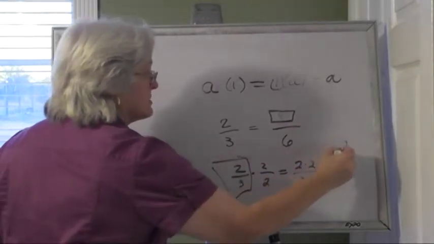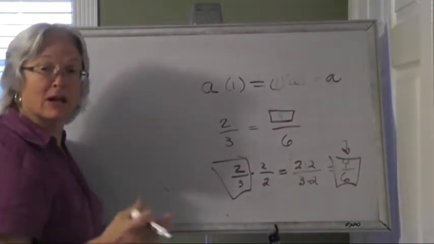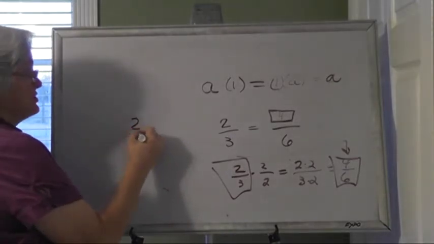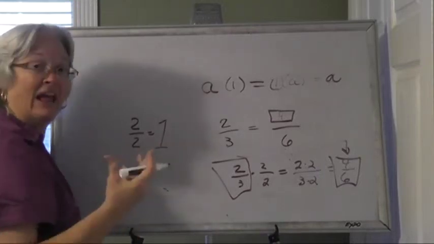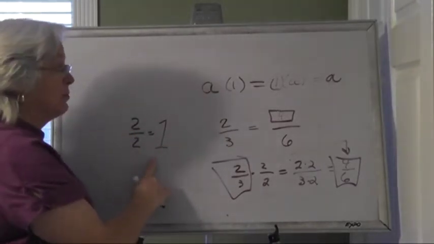So 2/3 was equivalent to 4/6, and the way that you did this was by multiplying by the expression 2 over 2. And you had learned that any number divided by itself is always equal to 1.